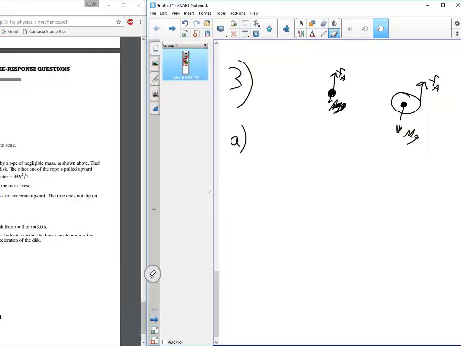Okay, so this first problem isn't so bad. What I drew here is a little diagram, if you would call it a diagram. So you have mg going down, and you have F sub a pulling up.